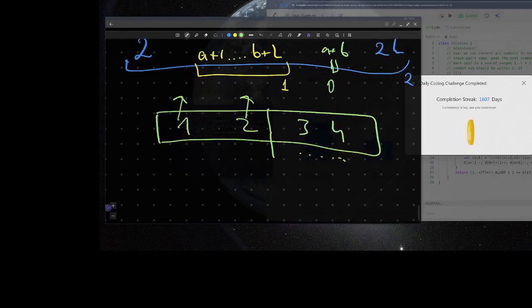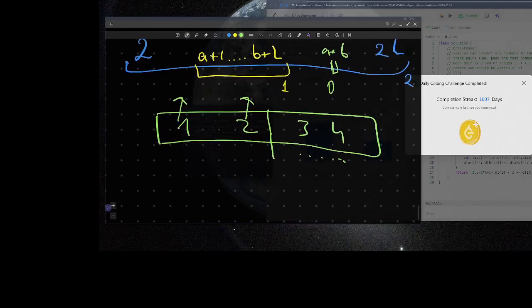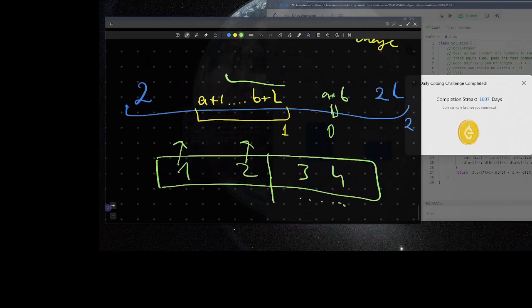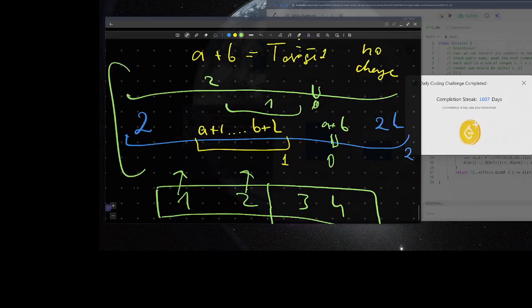So this would be overlapping like another 1, another 2, and so on, another 0. So this should be like summation of the ranges.